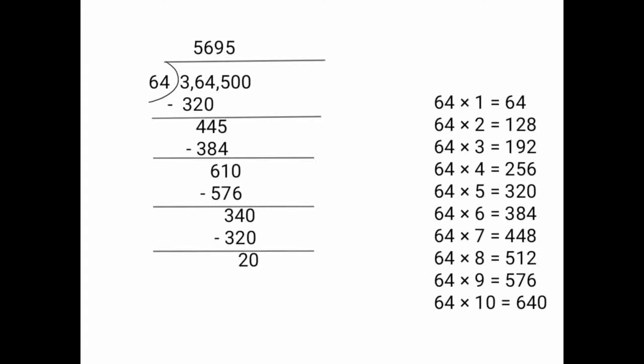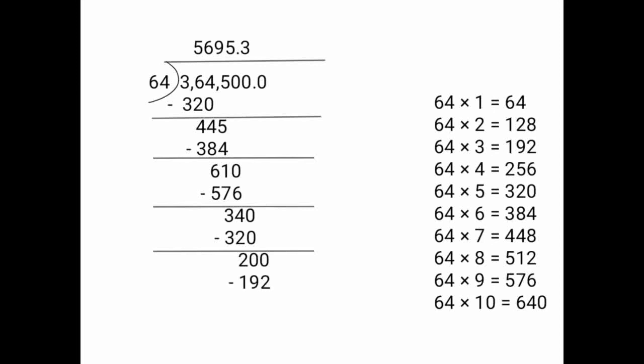Division still you have to continue. You are not getting remainder 0. You have to take a decimal point and 0 if you want to continue the division. The decimal point you have to put in the quotient place also. And then you have to bring one digit down. 64 threes is the last smaller number. 64 threes are 192.